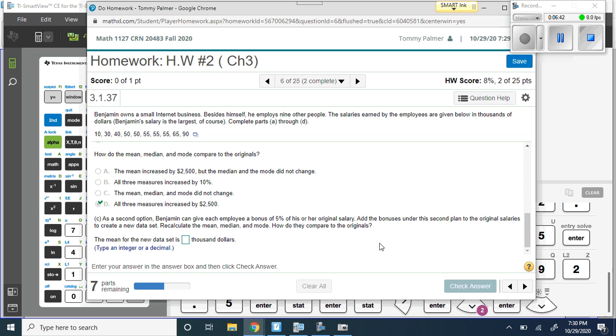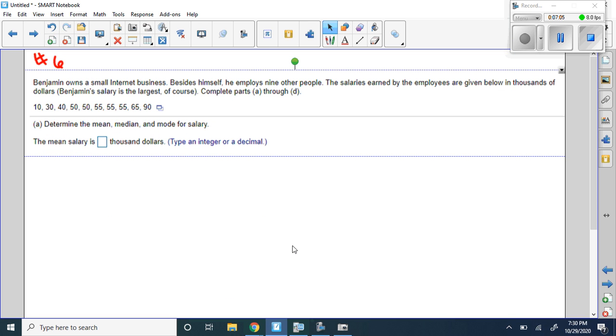As a second option, Benjamin gave each employee a bonus of 5% of his or her original salary. Add the bonuses under this second plan to the original salaries to create a new data set. All right, so what you're going to do again is just do this again, but you're going to have a 5%. So let's look at that. What does that really mean in terms of how do I calculate 5% on my new data points, right?